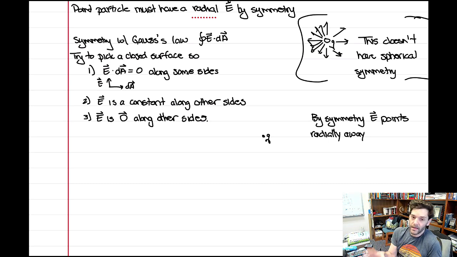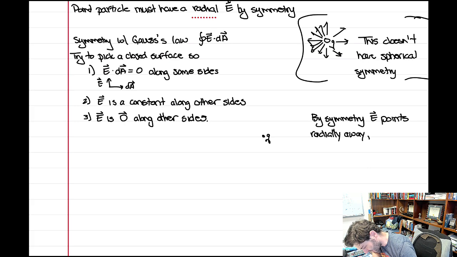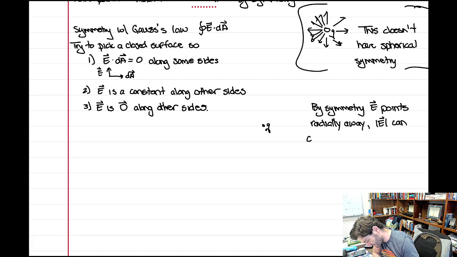And again, by symmetry, we know it should look the same in every direction. So the number of electric field lines in this direction better be the same as the number in this direction. But also the magnitude of E can depend on r only.